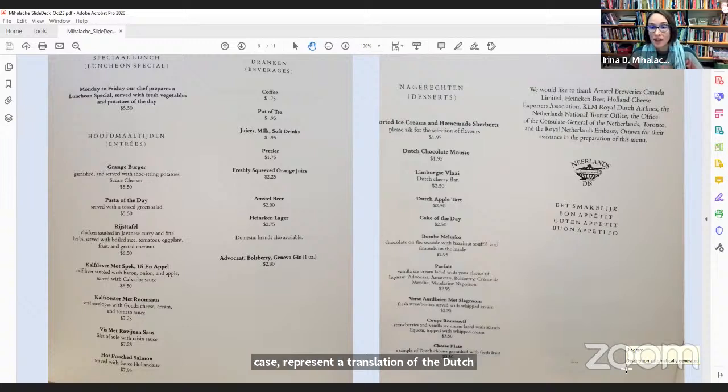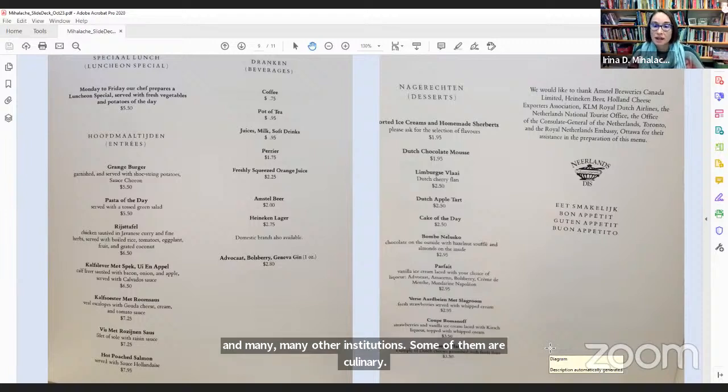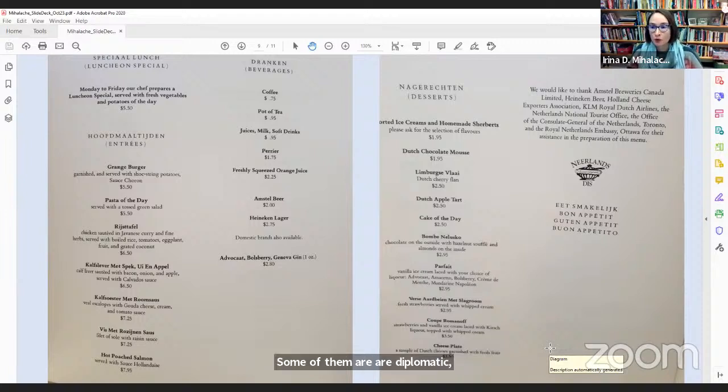So the other important way to read this menu is to think about the idea of collaboration. So this particular menu was a collaboration between the AGO and many other institutions. Some of them are culinary, some of them are diplomatic. So we can actually read this menu as a form of culinary diplomacy.